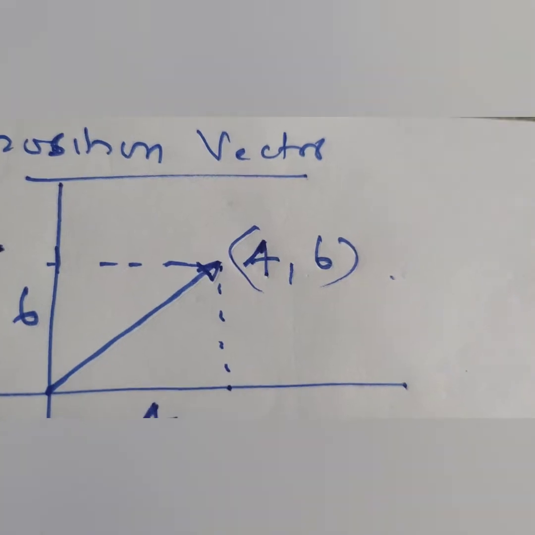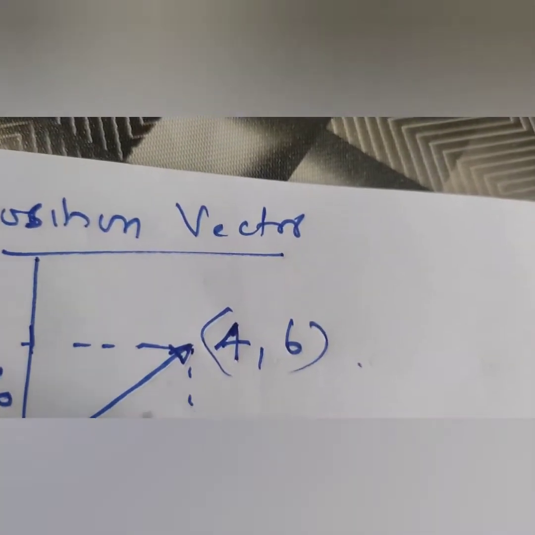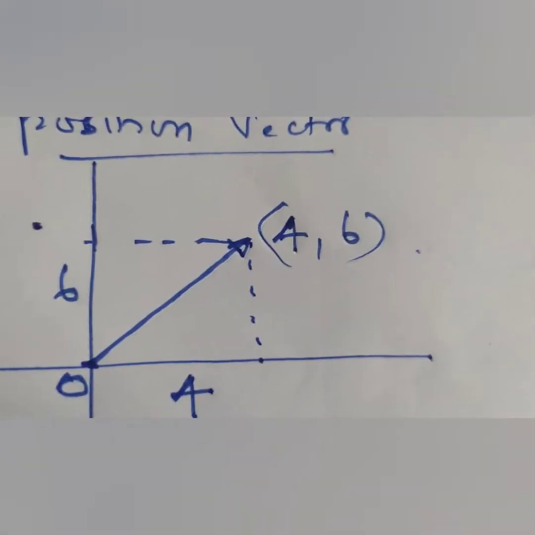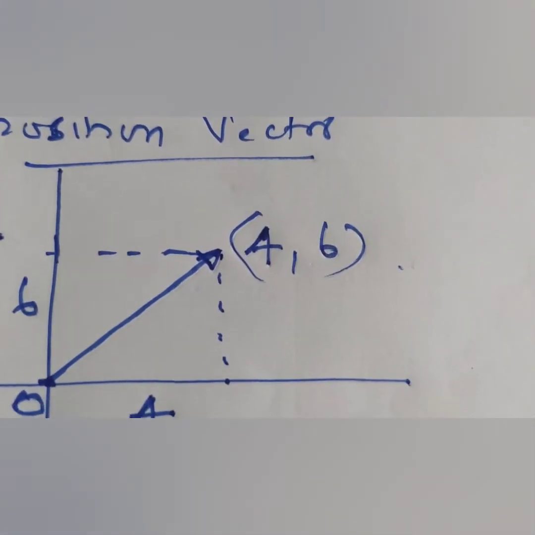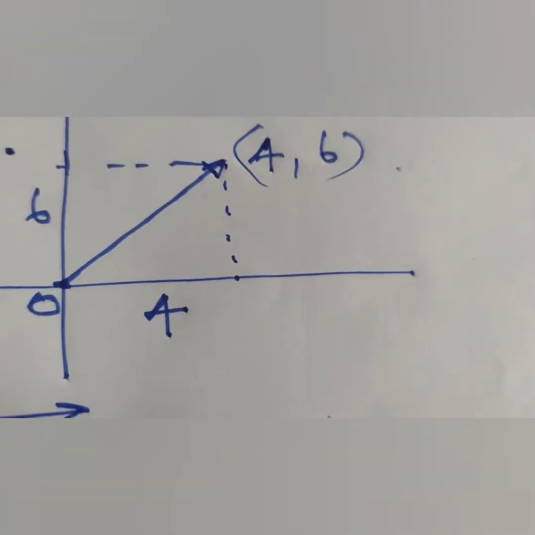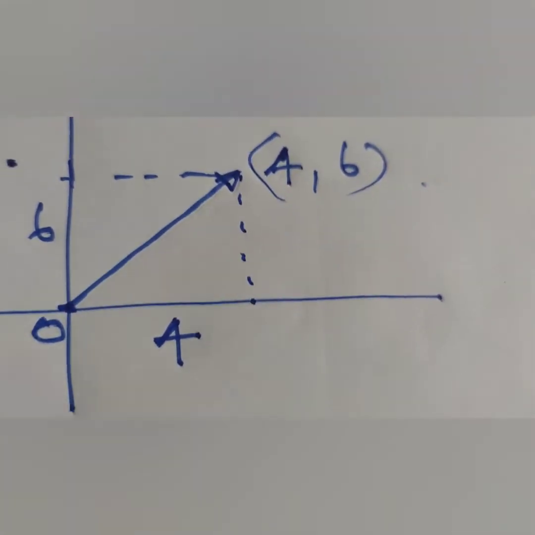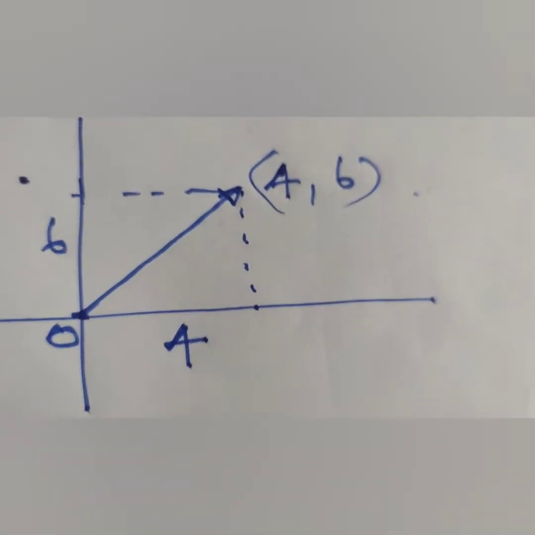Now we can write the position vector OA in a Cartesian system.